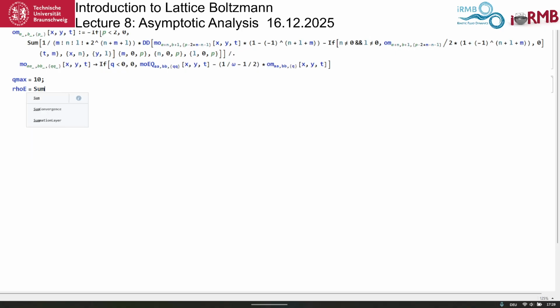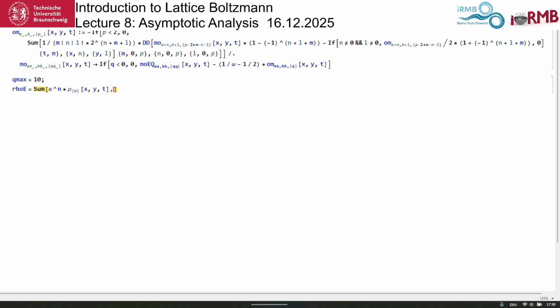So the sum, and here we have epsilon to the power of n times rho n. And this is, of course, a function of x, y, and t.